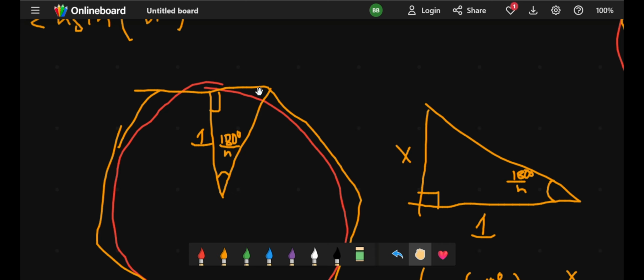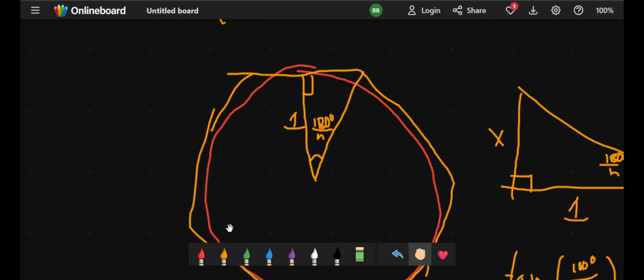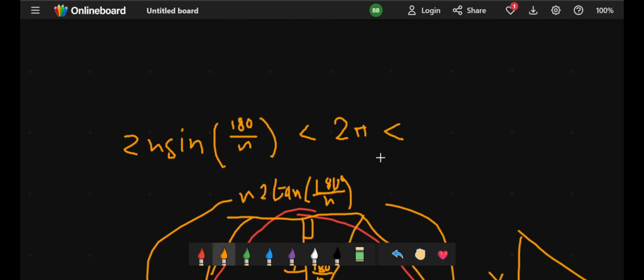But to find this whole side, we have 2 times tangent of 180 degrees over n. And so we're trying to find all the sides together. So together the perimeter, all of it, is going to be n times 2 times tangent of 180 over n.